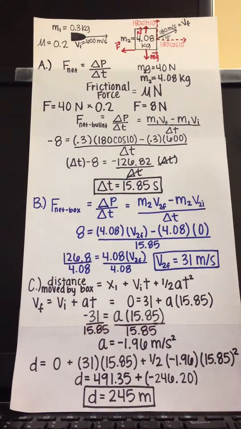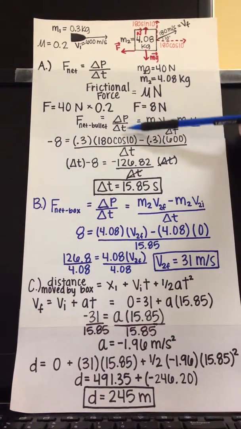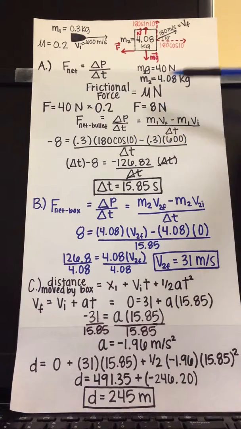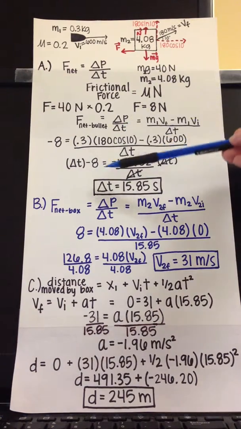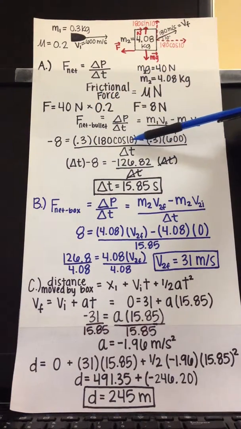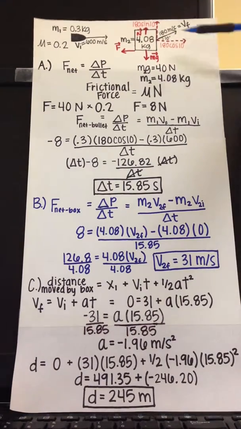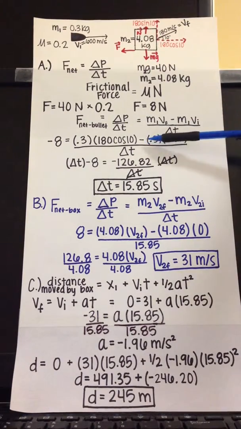So then I used my formula. The net force of the bullet is the change in momentum over the change in time, which is mass times final velocity minus mass times initial velocity over the change in time. I know the mass of the bullet, which is 0.3, and the final velocity, since it's in the x direction, is 180 cosine 10, and then you subtract the mass times the initial velocity.